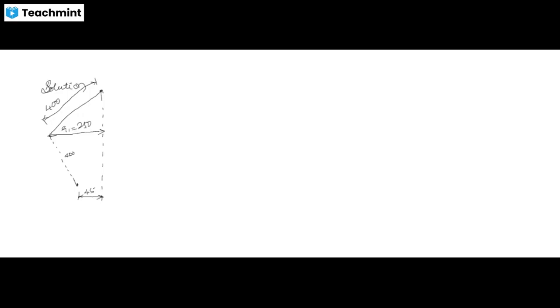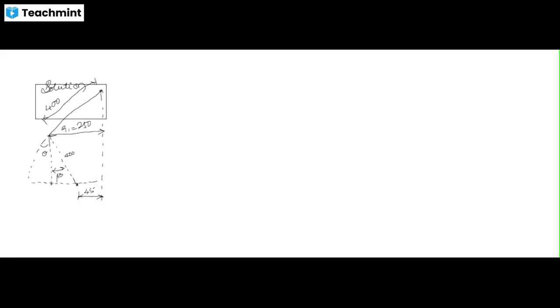This angle is theta and this angle is beta.